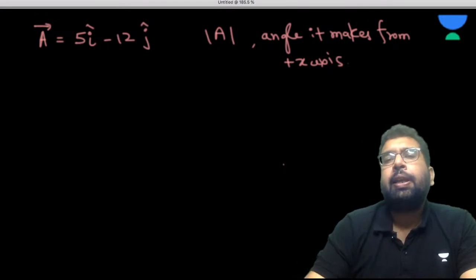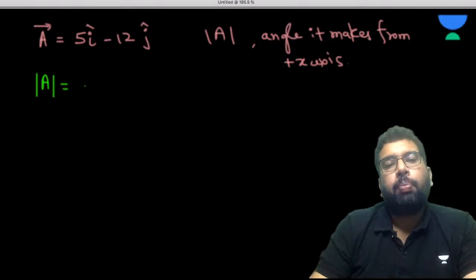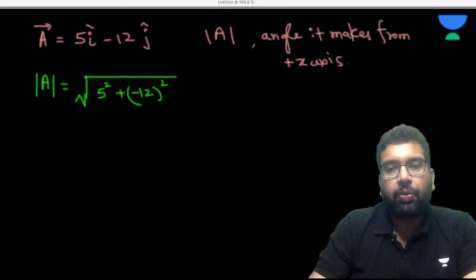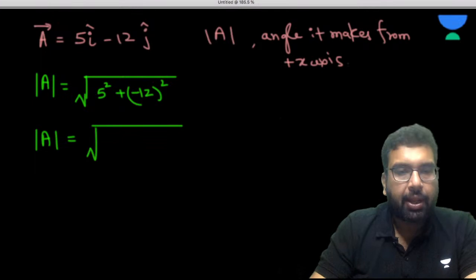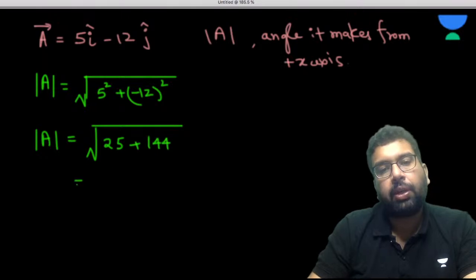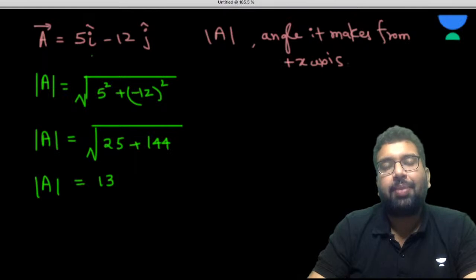That's very simple. Firstly, we want to find the magnitude of it. The magnitude is going to be root of 5 square plus minus 12 square. This is very easy. 5 square is 25, and this is going to be 144. So 144 plus 25 is 169, and the root of 169 is 13. So the magnitude of this vector A, or you can call it the resultant also, because ultimately these are two vectors in two different directions added, is 13.